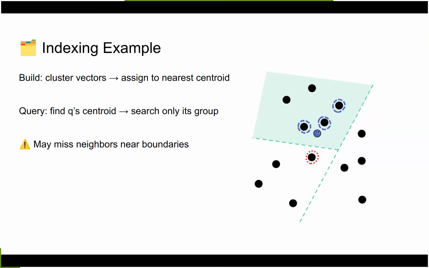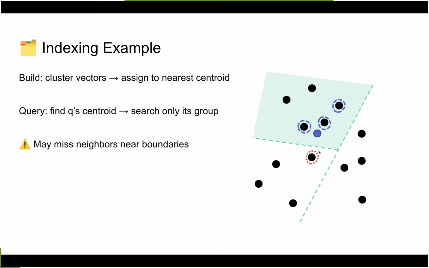So in this case, this blue dot belongs to the green cluster, because the green cluster centroid is the closest to this blue dot. And then we go and check all of these vectors that we know are probably good candidates to be the nearest neighbors, and just return the top, I don't know, in this case, top 3.